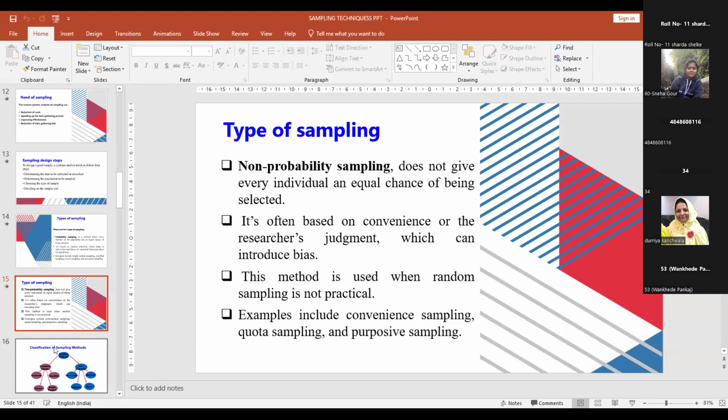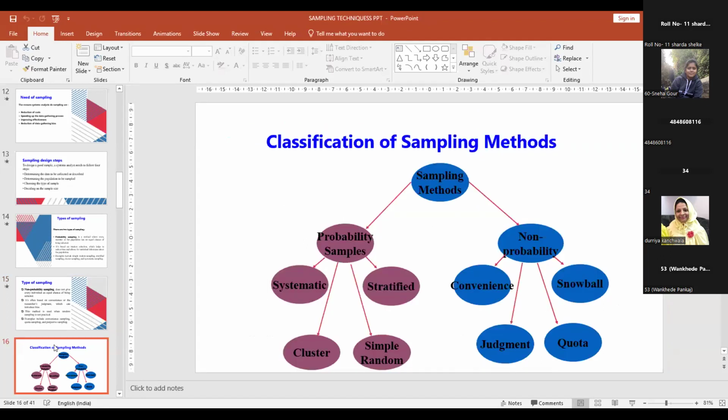Now you see the classification of sampling methods. In this slide, you can see the methods of sampling. Basically, two types of sampling methods: one is probability sampling and another one is non-probability sampling. Within probability, as I discussed, there is an equal chance for the respondents to give the response.